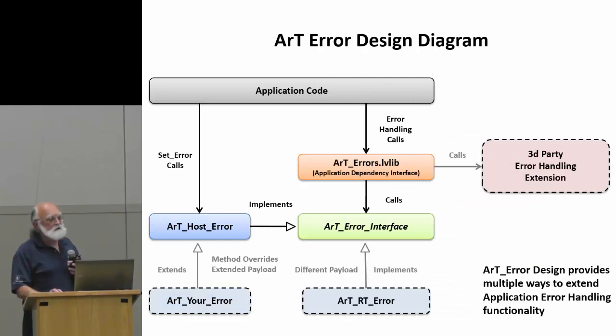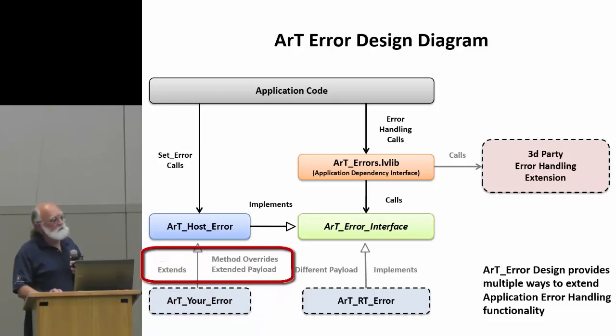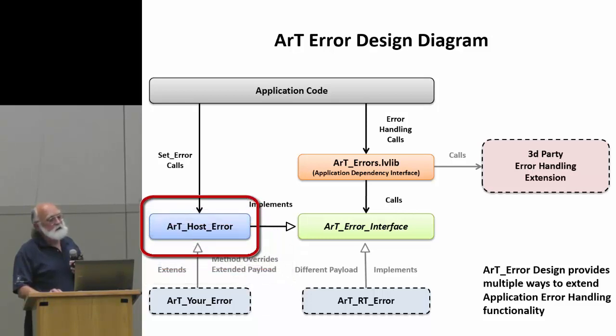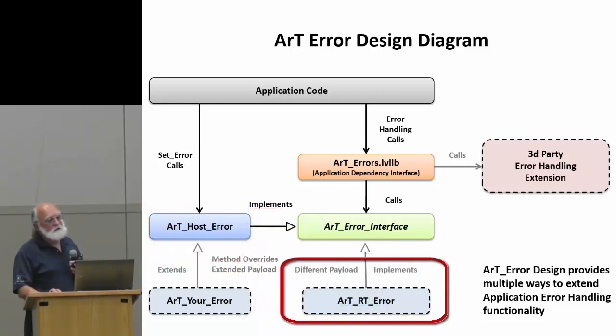There are multiple ways to extend it. First, if you want to just add extra data to what I have, you create a child class and possibly update some of the dynamic dispatch methods, or you can change the behavior without adding more data by just overriding a variety of the methods. If you don't like the host error, like on RT, you can implement stuff from scratch using the host error class as a template, not a template like recycling.